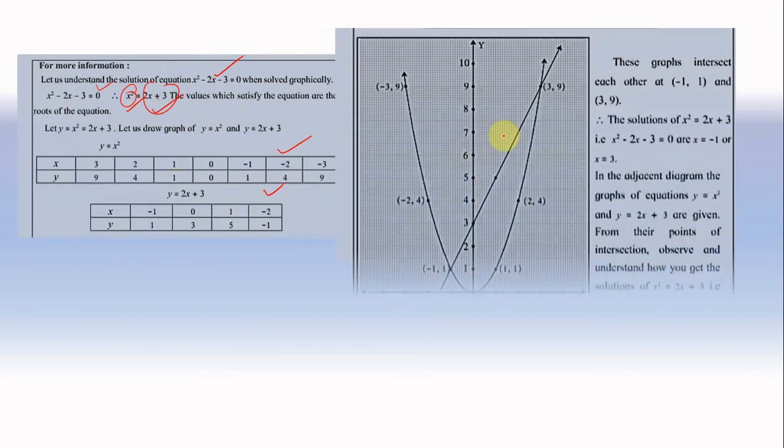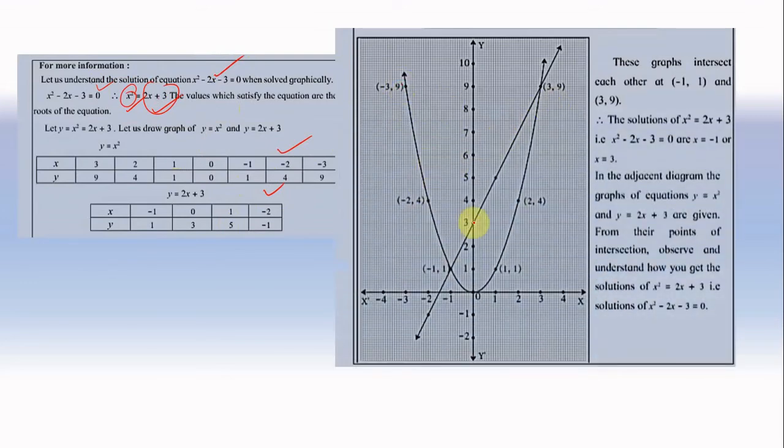You will get a graph like this, where it is intersecting at 2 points, and we are having values of x, minus 1 here, 3 here, which will be the solution for that quadratic equation. So even a graph can be used for finding the solution for a quadratic equation, which you will be applying when time comes.